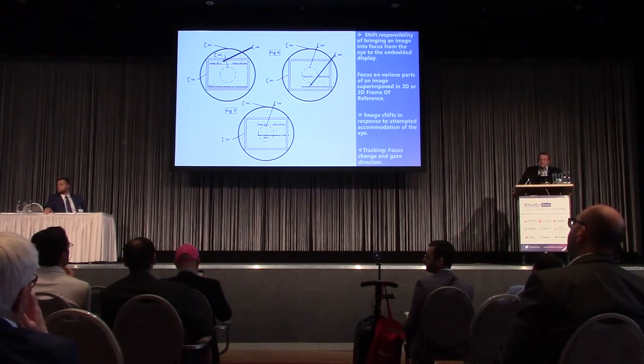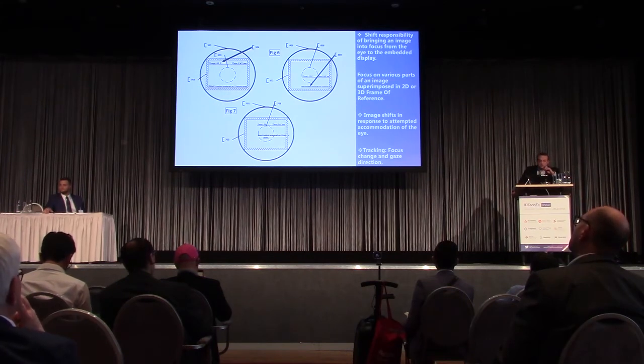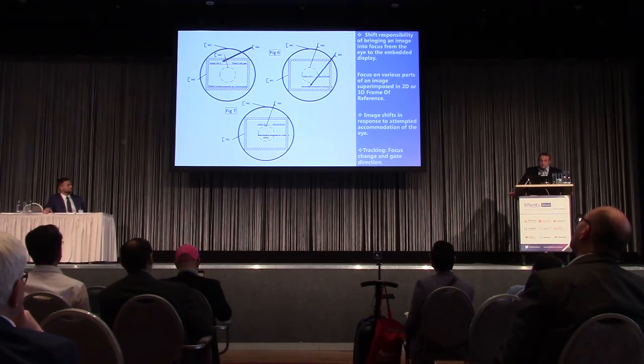What the system does in response to this attempted accommodation is recompute the disposition of the image overlaid on the display so that the temperature indicator comes in focus at the center of the display, as in figure 6. 603 is the focused portion of the image that the retina sees in focus and can clearly recognize. So the temperature comes in focus at the center of the display.